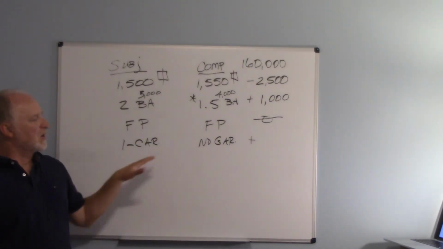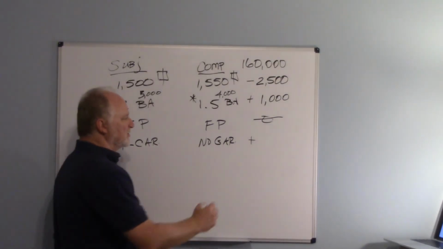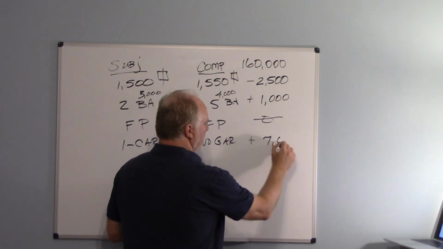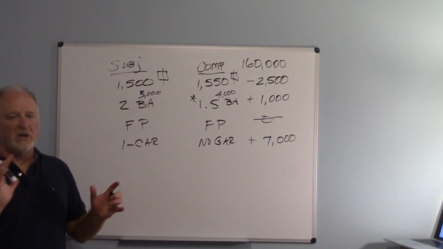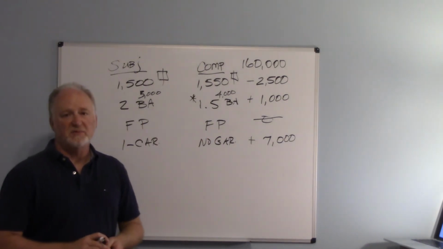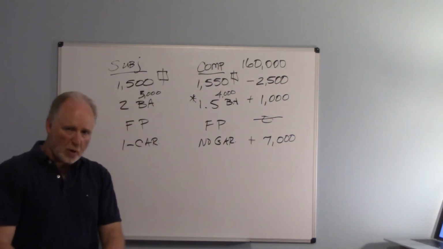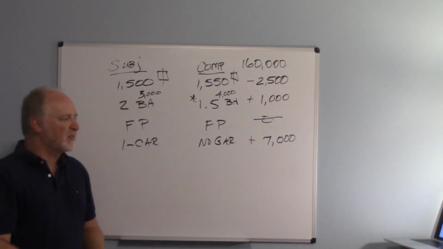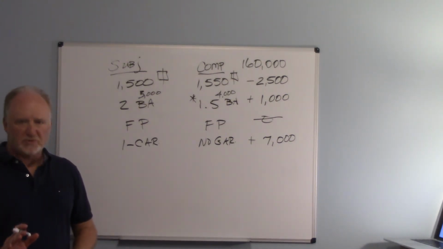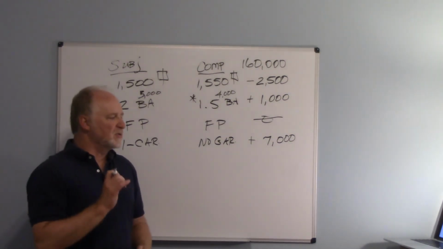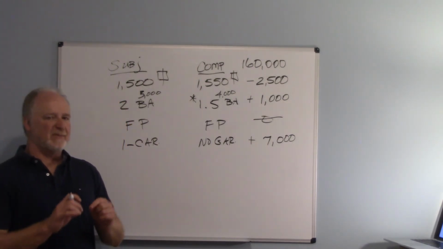In regards to the garages, we're given again that a single garage is worth $7,000. So I just plug that into place. So I've got a good looking grid going on here. I've got a good looking relationship between the subject and the comp. However, I'm not finished. Remember, one of the keys in math, you always read the whole problem. So as I continue reading the problem, the last line says this. The appraiser notes, I need you to read this super closely here. The appraiser notes that properties in the area have appreciated 2% since the time of sale.